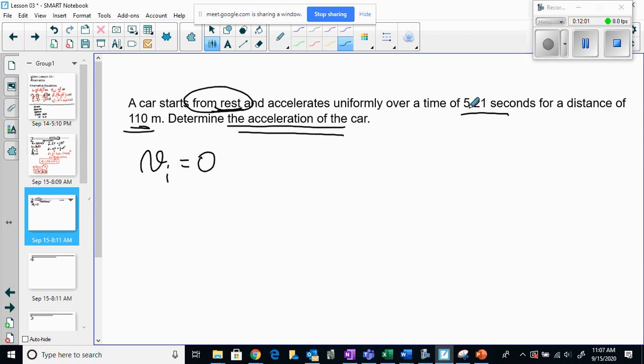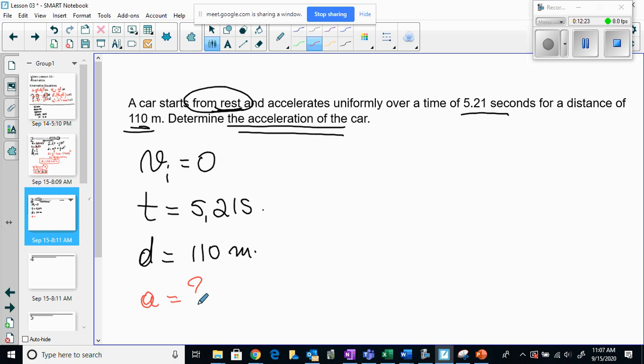And then 5.21 seconds is given. You know that. And it travels a distance of 110 meters. What are we looking for? Acceleration.